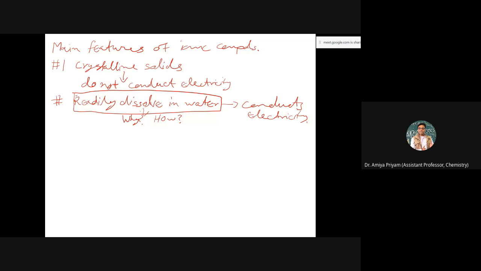So you have positive charges and negative charges which are attracting each other. To separate them, you must separate them first. You require energy. So why is it that the moment you put NaCl salt in water, it dissolves so easily?